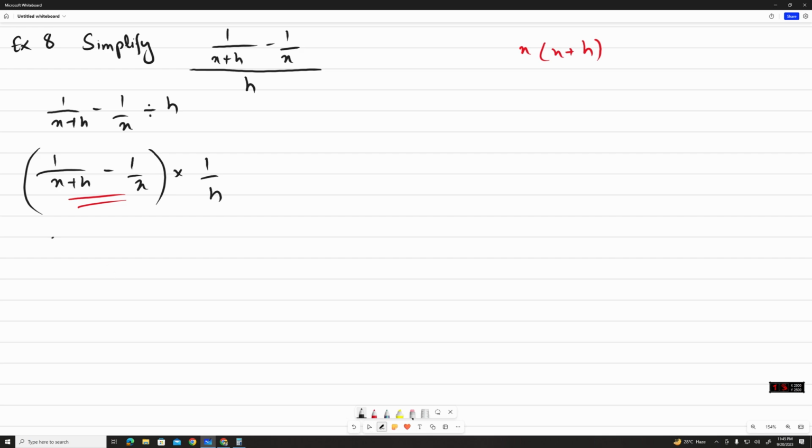So what we do here is we put x and x plus h. Now when we divide, we get x over here. Doing the same operation, we have x plus h over here.